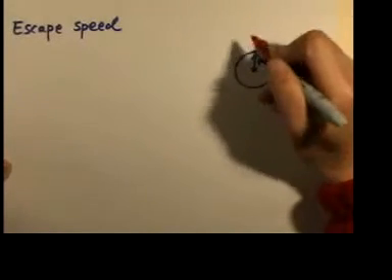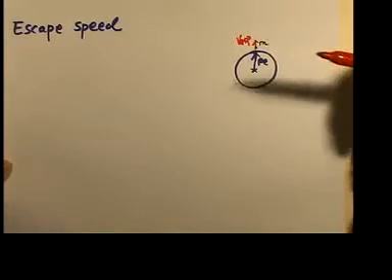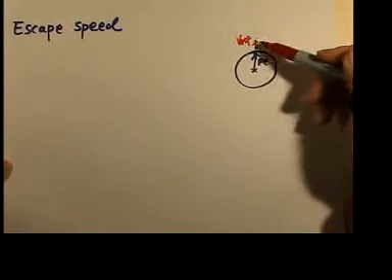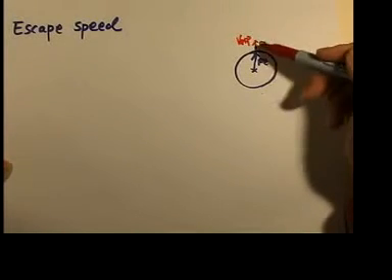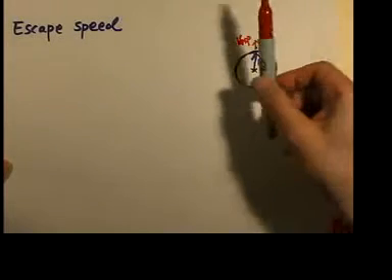So the question is, what is the V_esc? What should be the escape speed? How large does the speed have to be so that this rocket will be able to get out of the Earth's gravitational field? Why do we need high speed?